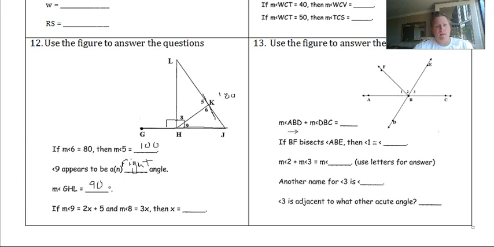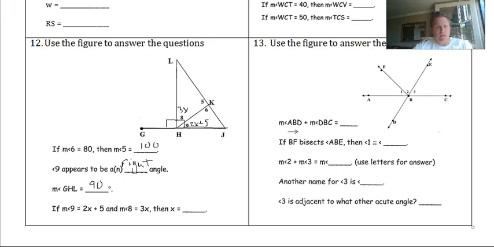Our right angles are just 90 degrees. Okay, and it says if angle 9 is 2x plus 5, this is 2x plus 5, and angle 8 is 3x, then what is x? Well, again, we just know that they add up to 90 degrees, complementary relationship.